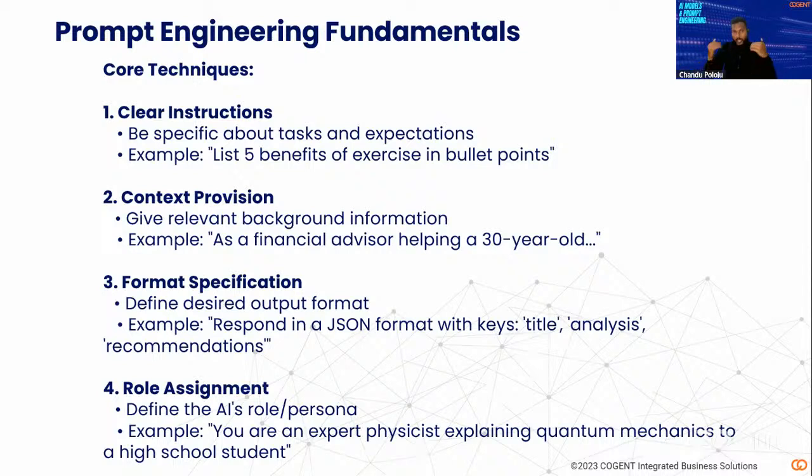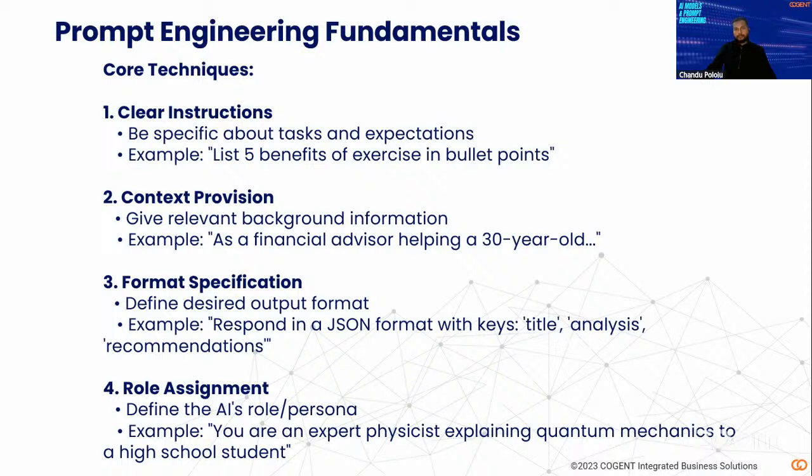It will respond with vocabulary and context suited to a high school student, so that the user gets the desired response. These four techniques are the foundation for good prompt writing, and they also improve your results.